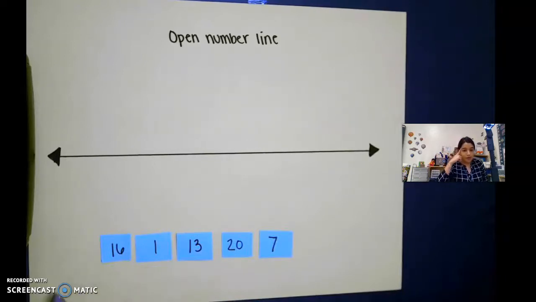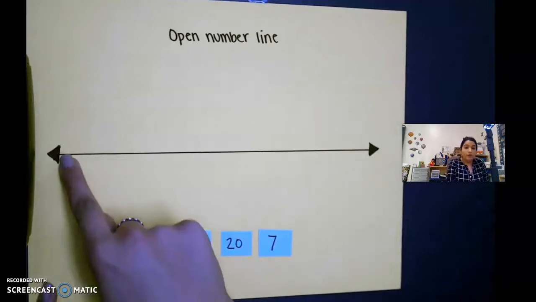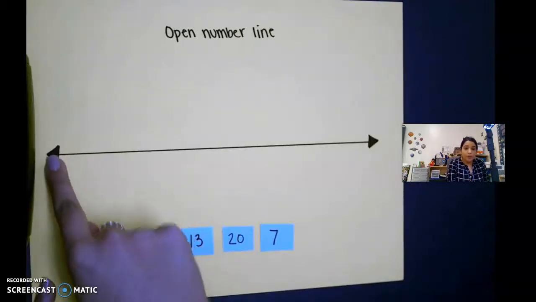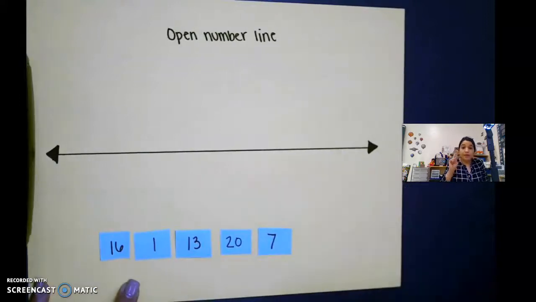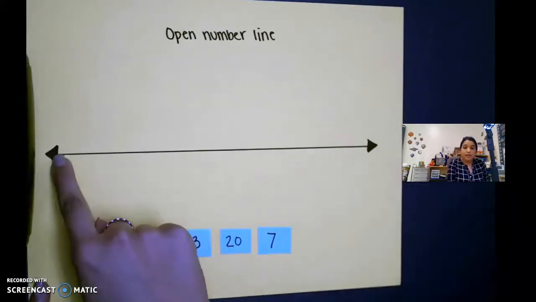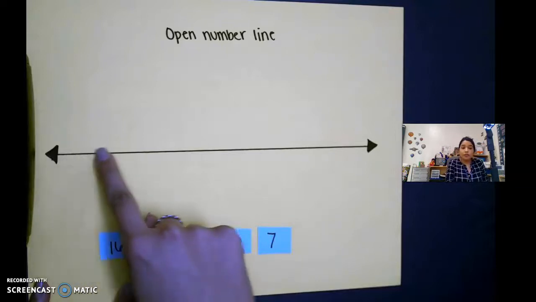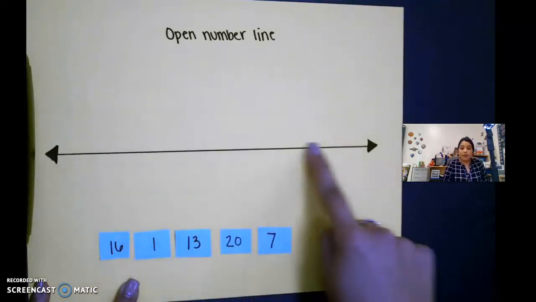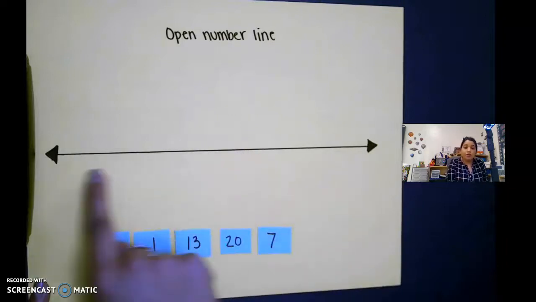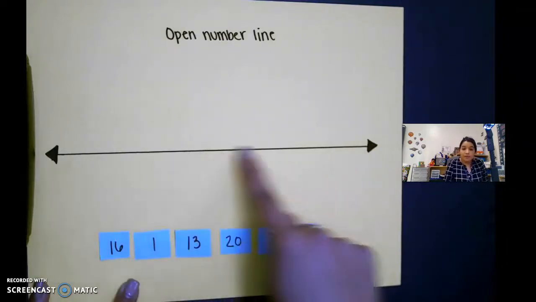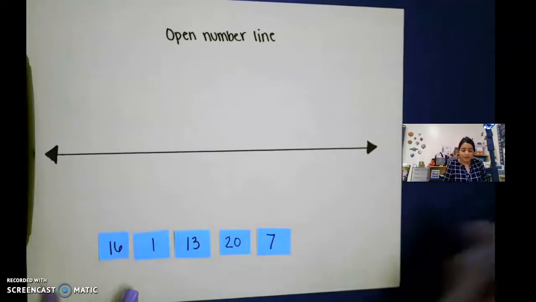My first rule is we go from left to right. And my second rule is that the smallest number goes to the left and they get bigger and bigger as we go to the right. So they get smaller as we go to the left and bigger as we go to the right.